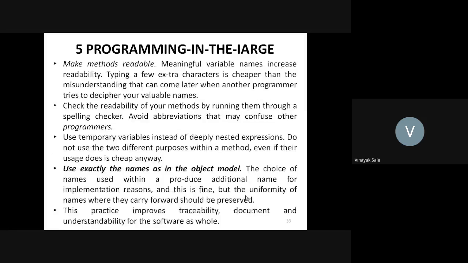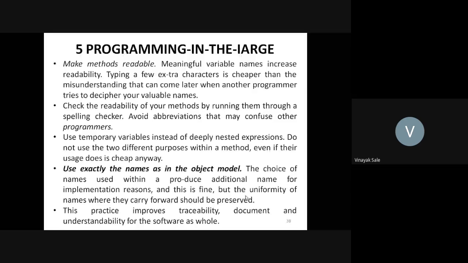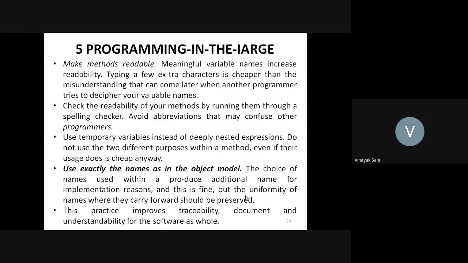So make methods readable. Meaningful variable names increase the readability. Typing a few extra characters is cheaper than the misunderstanding that can come later when another programmer tries to decipher your valuable names. Check the readability of your methods by running them through a spelling checker.